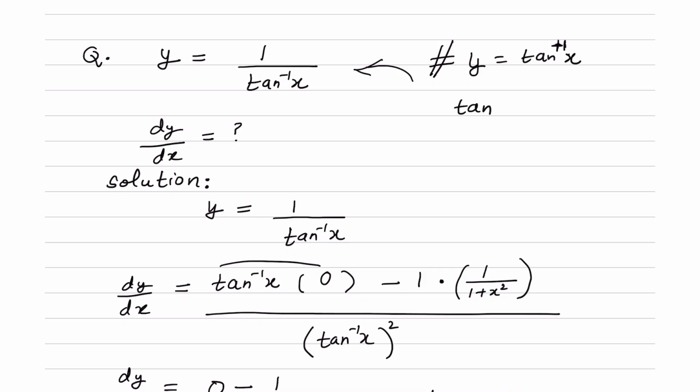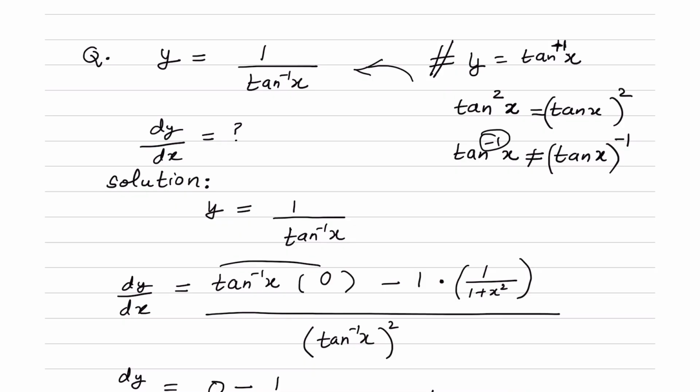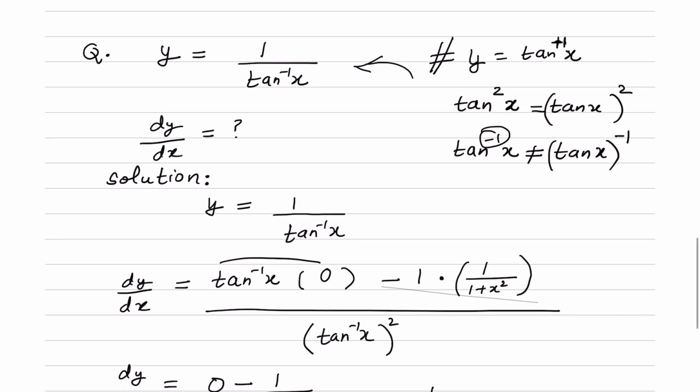If there is a positive power on a trigonometric function, this can be written as the whole power, but if there is a negative power, it cannot be written as tan x to the power minus 1, because this minus 1 is used for the inverse trigonometric function. So here in the denominator, tan inverse x is the inverse trigonometric function. It is not tan x to the power minus 1.